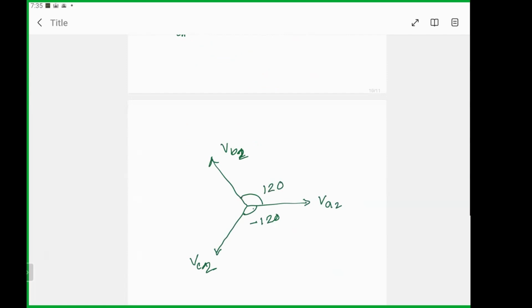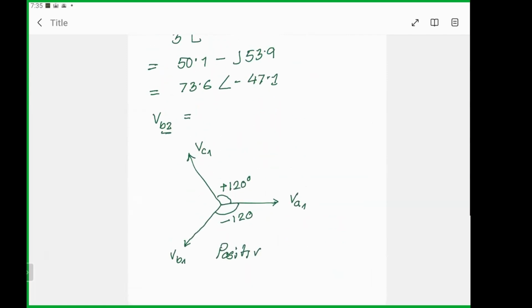So if I want to derive BB2 from A2, I need to write 73.6 at an angle of minus 47.7, and this one is shifted by 120, that is alpha 120.